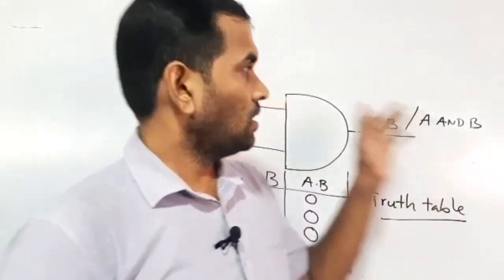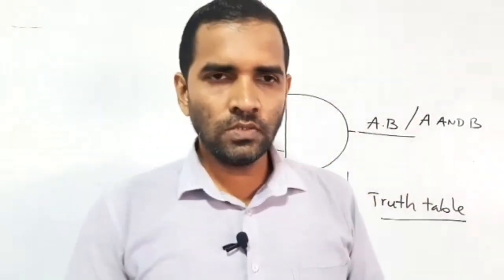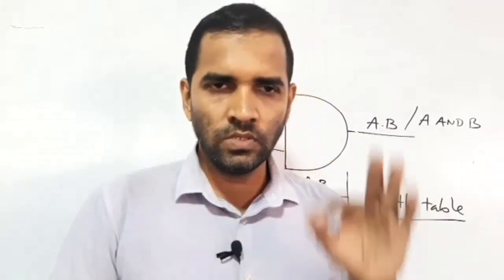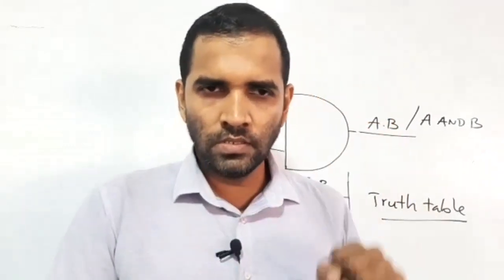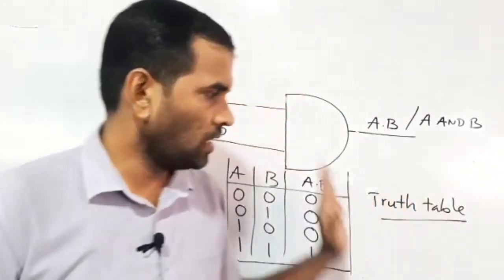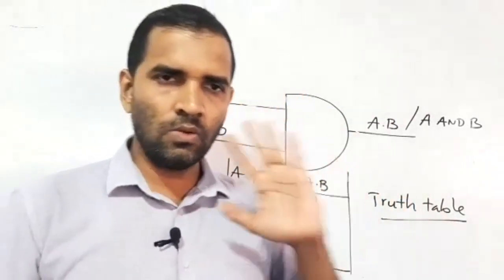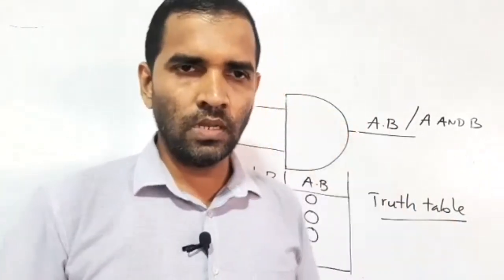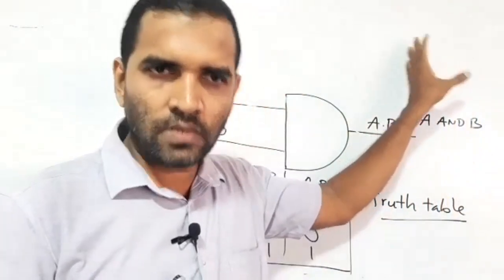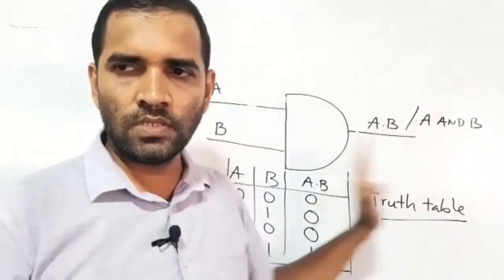So what I'm going to do is construct a simple electric circuit using batteries, bulbs, wires and something else, because to understand the function of the AND gate, look carefully, it's very important. If you are able to understand that simple electric circuit, then you can understand this AND gate.